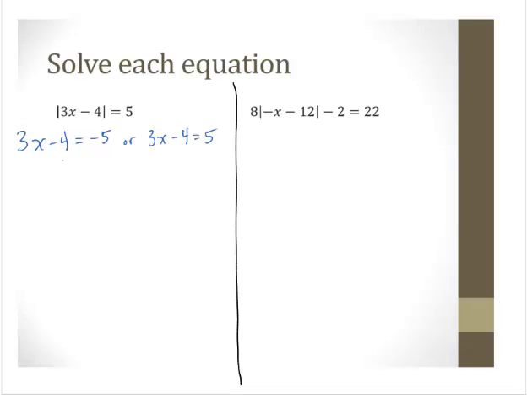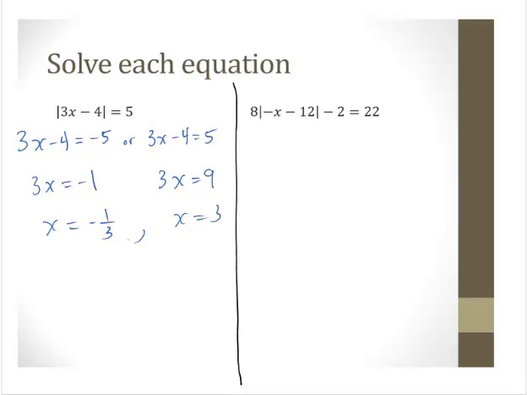In the first, I would add 4, yielding 3x is negative 1, and divide by 3, so x is negative 1/3. In the second, I would add 4, yielding 3x is equal to 9, and dividing by 3, x is equal to 3. The equation has two solutions.